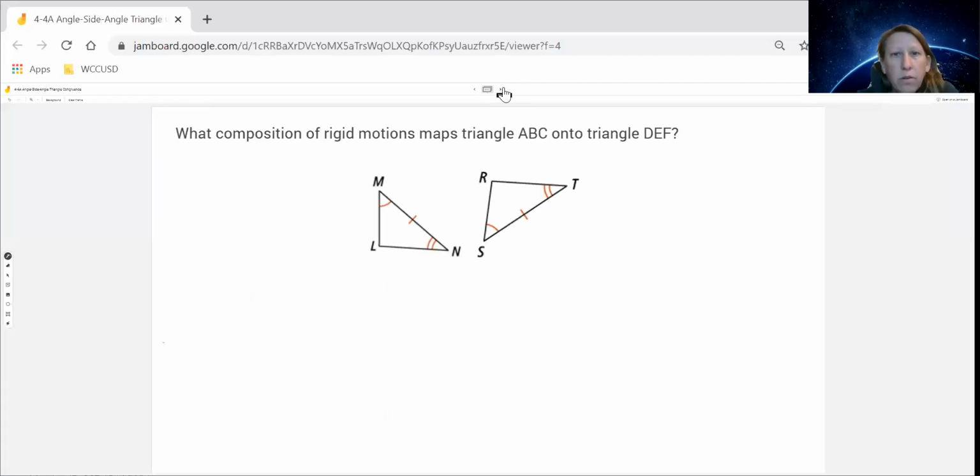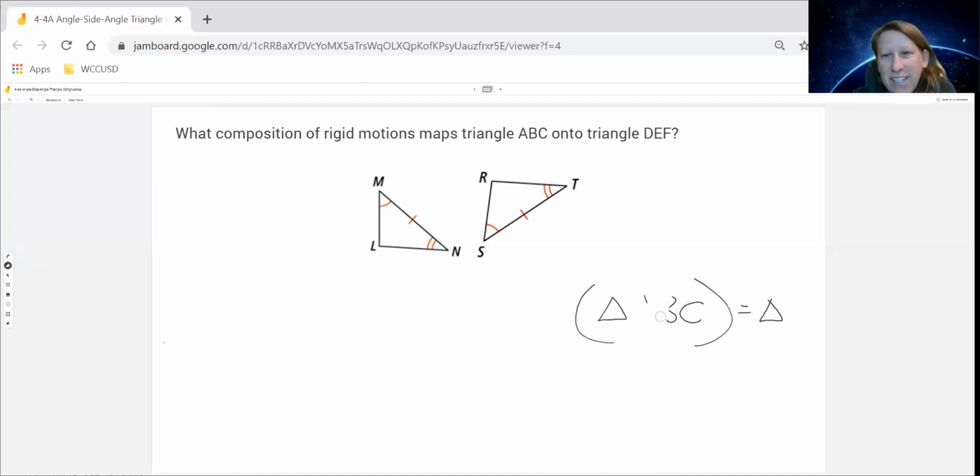Okay, so let's prove it to ourselves that these would match up. And the way we could do that is with a composition of rigid motions. That's one way to prove that triangles are congruent. And what would I do to show that triangle ABC maps onto triangle, wow, that should not say DEF or ABC.